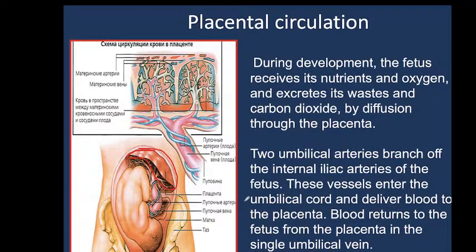And this is the only place where the fetus can take oxygen and nutrition from the mother's body and give to the mother the products which the fetus doesn't need anymore.